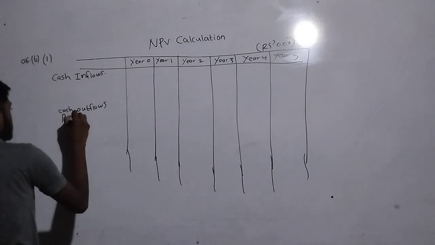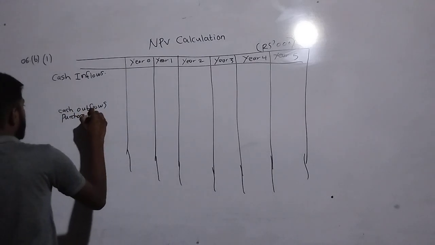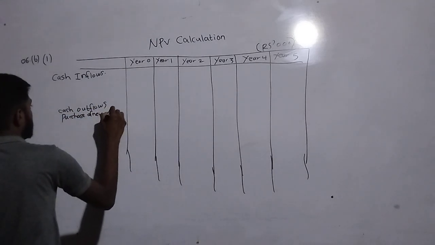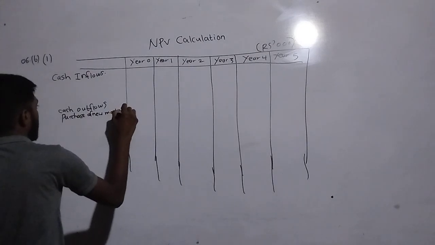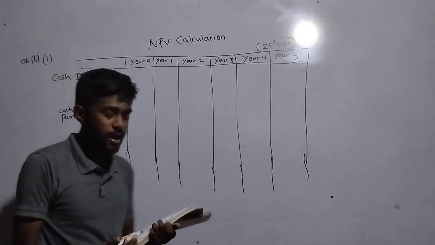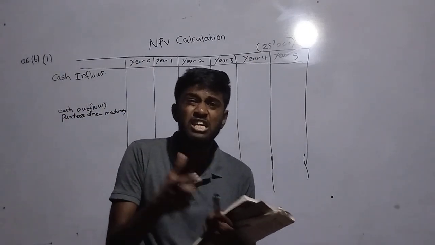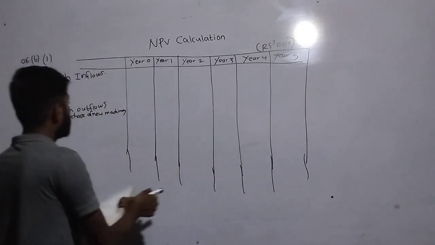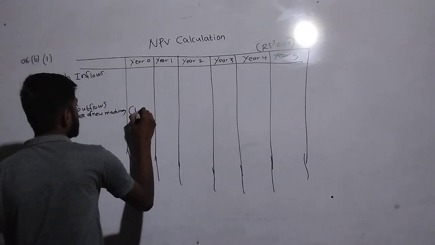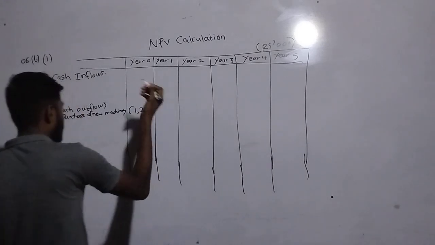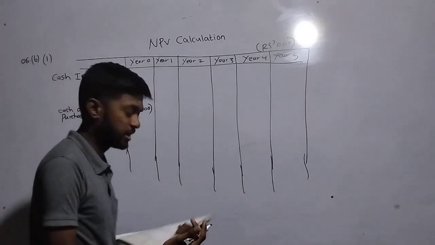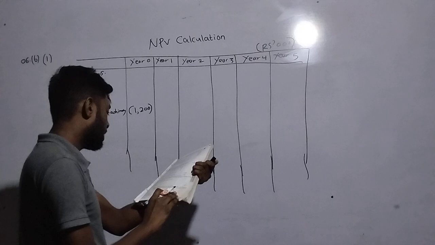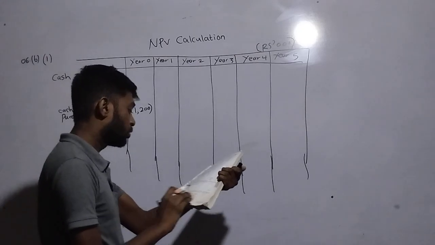So purchase of new machinery is going to take place in year 0, the initial year. Year 0 only you are purchasing the machine. So that is going to be minus 1,200. When you purchase, the cash goes out. So outflow, so deduct it. 1,200.